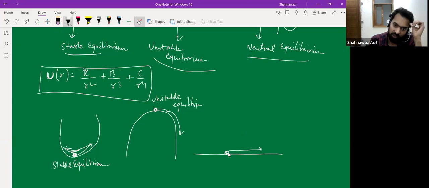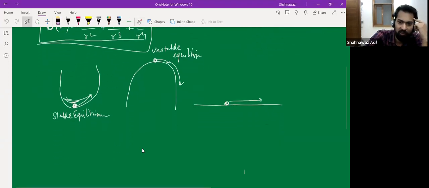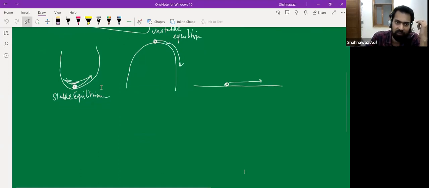So your potential energy is constant. So mathematically, how do we solve this problem? This is the representative part, and mathematically, what do you mean by the stable equilibrium?